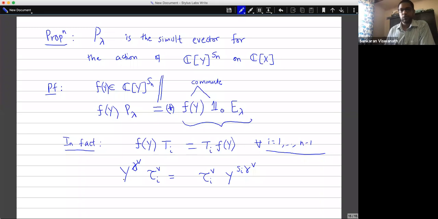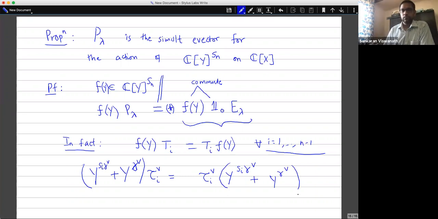And so if, instead of y gamma check, I had a symmetric function in the y, in other words, if I had, say, y gamma check plus y si gamma check, then it commutes. Right?